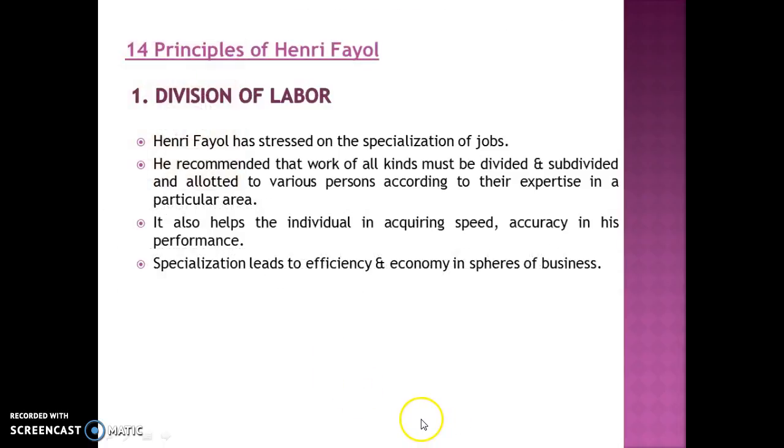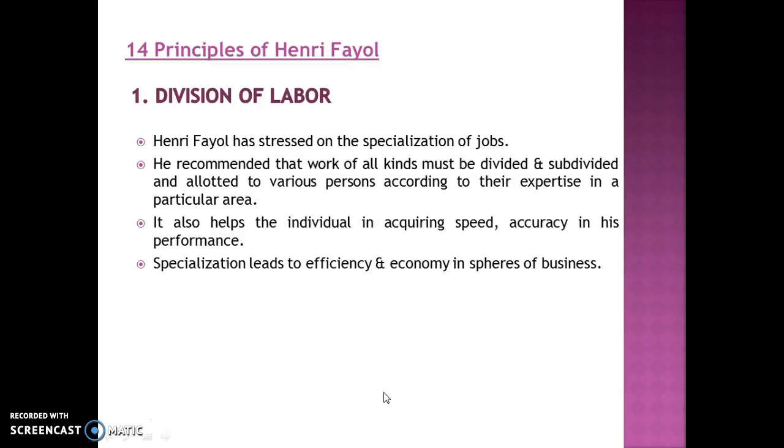First is the division of labor. If there is any organization, we have different kinds of people in that organization, so we have to give the division of labor to each person. Henri Fayol stressed the specialization of the job.